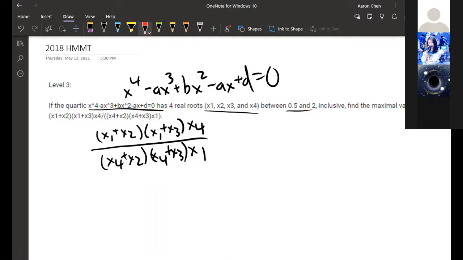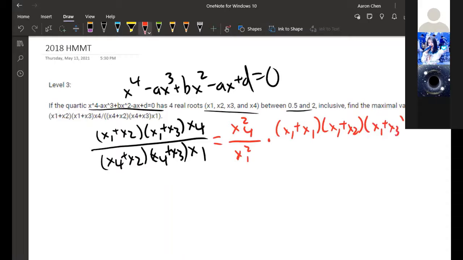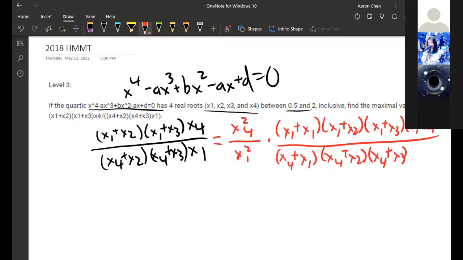And so first of all, you can notice that this is equivalent to x4 squared over x1 squared times (x1 + x1)(x1 + x2)(x1 + x3)(x1 + x4) over (x4 + x1)(x4 + x2)(x4 + x3)(x4 + x4).